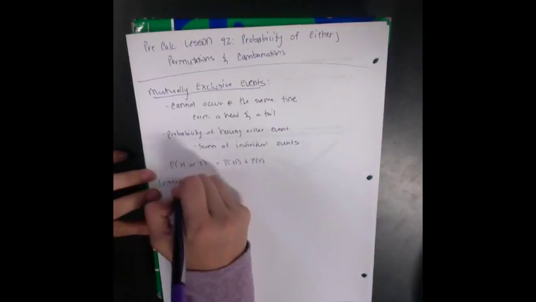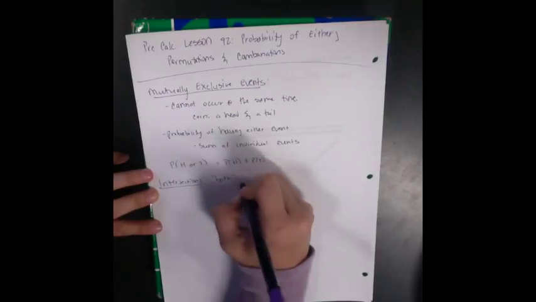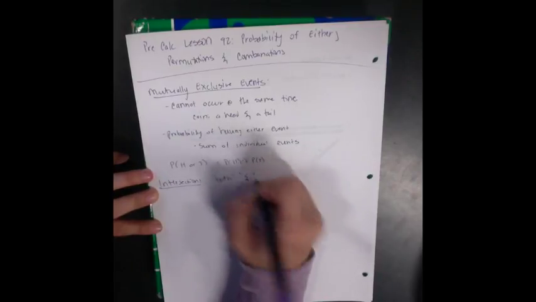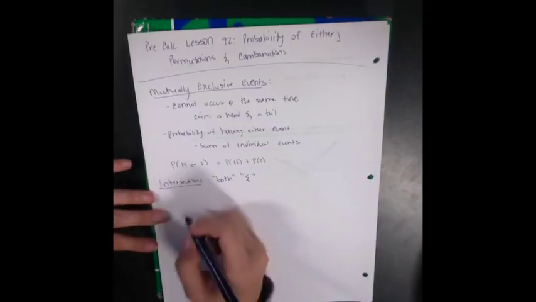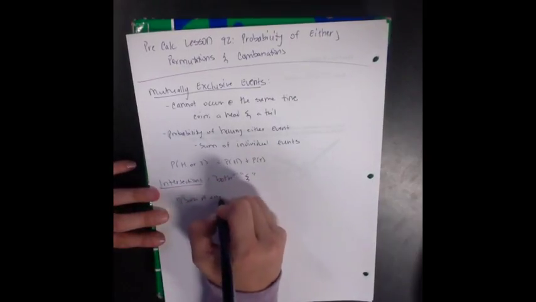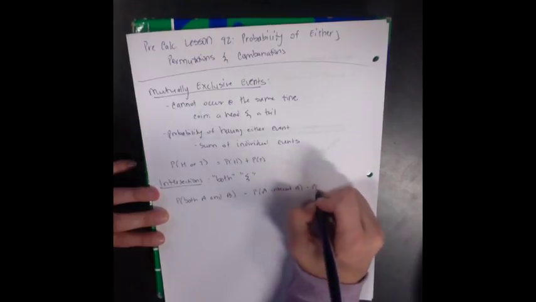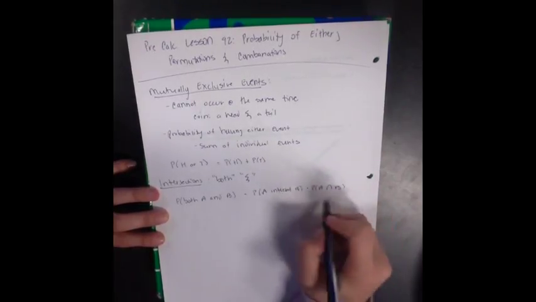So intersections are for both, and probabilities. If we have the probability of both A and B, this is the probability of A intersect B, which we write like this, kind of like a bridge, for both.